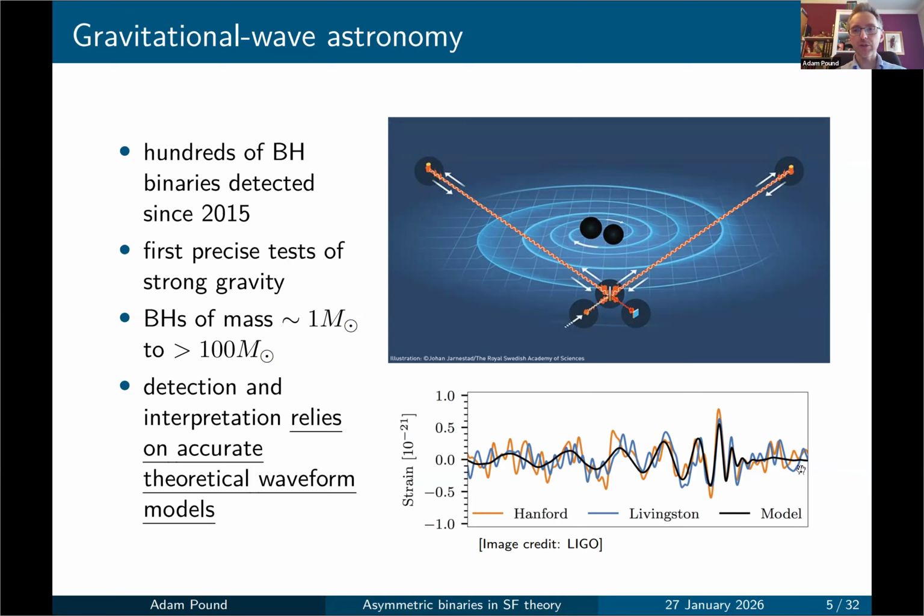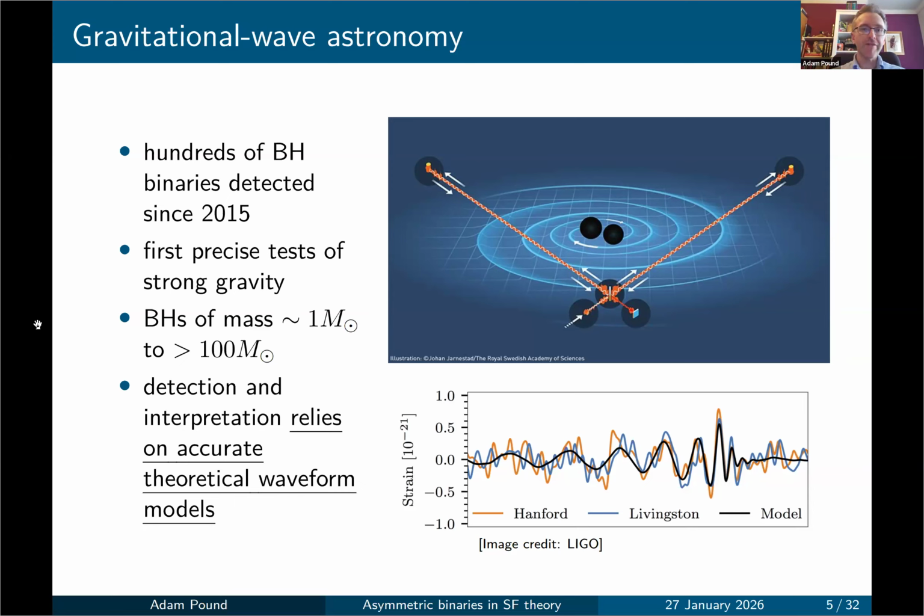Signals always typically look like this. This was an early detection, maybe 2017, where the theoretical model, the waveform template, is in black, and the actual data stream from the two LIGO detectors is the blue and orange. With these detections, we've been able to do a lot. We know a lot more about the population of black hole binaries across the universe.